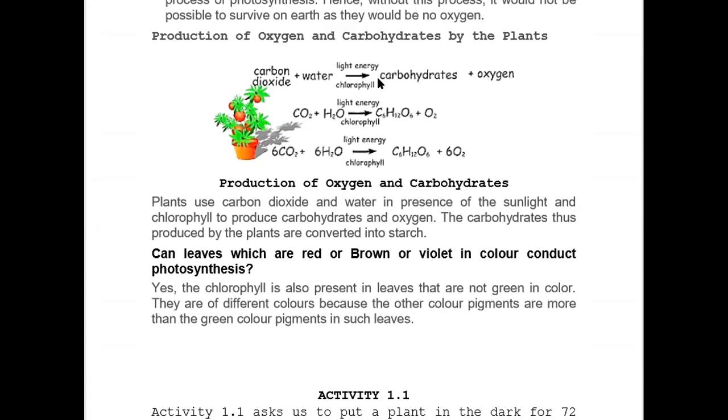Now, if some amount of this glucose is extra, like all the glucose is utilized, but a little bit is left and the plant doesn't need it, what happens with that glucose? That glucose gets stored in the form of another type of carbohydrate which is known as starch. So the stored carbohydrate or the stored food of the plant is known as starch.